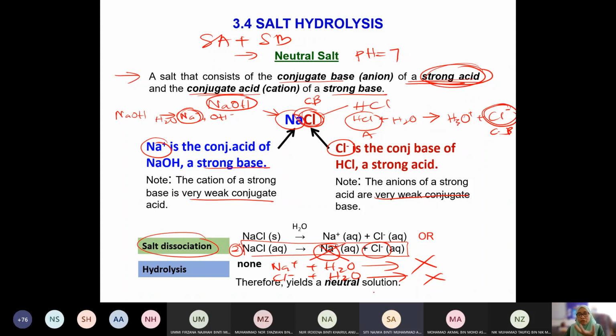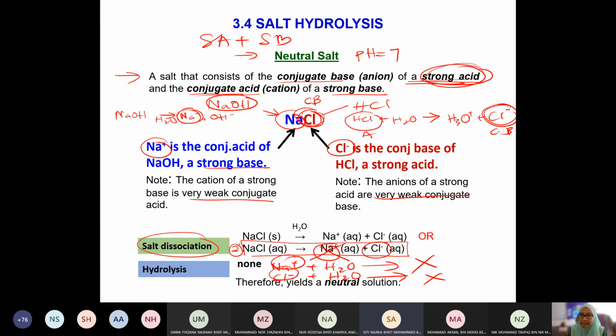Because in pure water, we know that the concentration of H3O plus is the same as the concentration of OH minus. Okay, since these two ions will not react with water to produce H3O plus or OH minus, it will not disturb the concentration of H3O plus or OH minus in pure water.